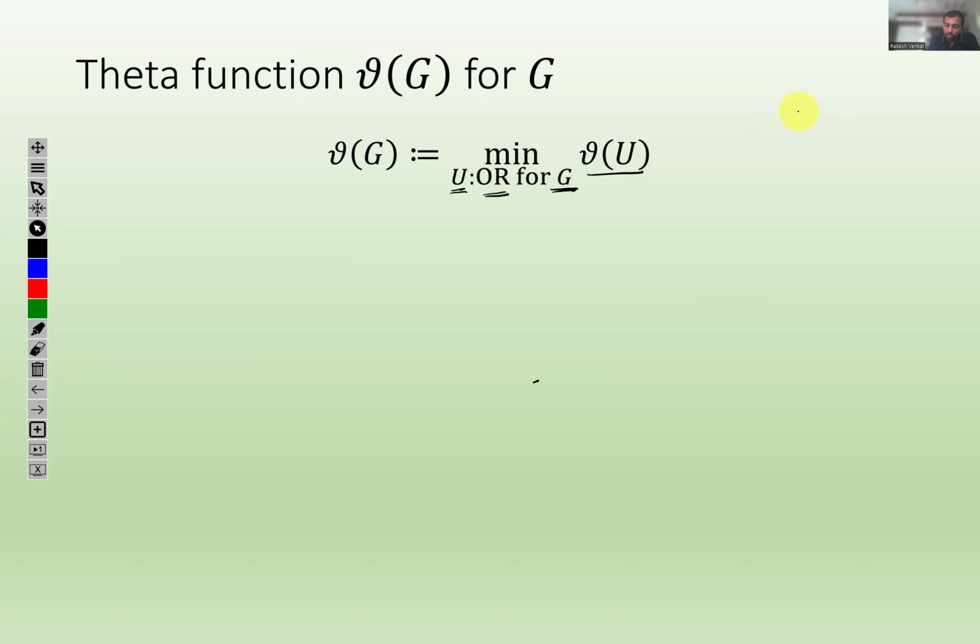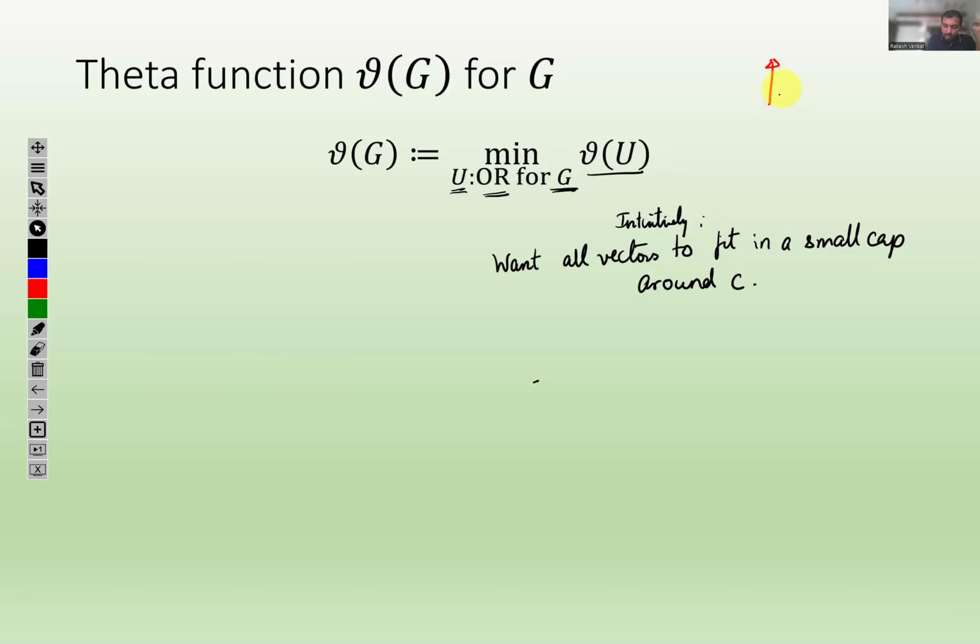So intuitively, for some reason that may not be clear for now, what we want is for all the vectors to fit in a small spherical cap around the handle C. That is, if this is my handle C or optimal handle C, a good orthonormal representation will keep the vectors near to C in some way.